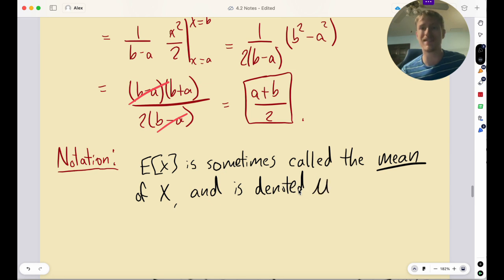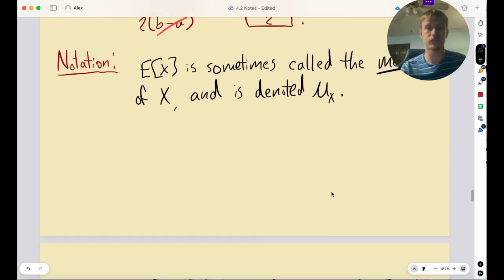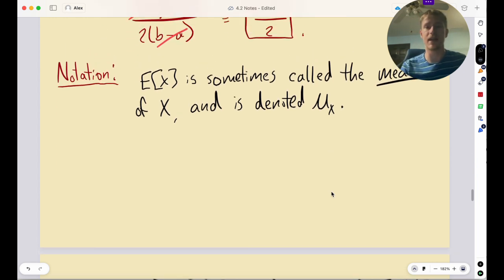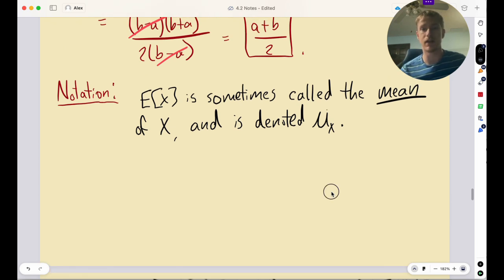Usually to distinguish it from other random variables, we put a subscript of the random variable. The reason that I'm defining it that way is because these are going to be interchangeable, and this is kind of a lot to write.